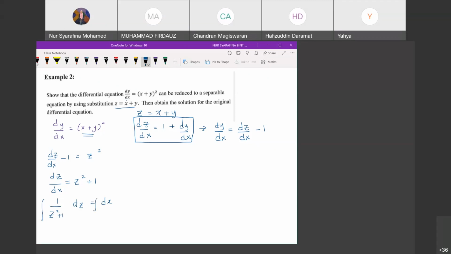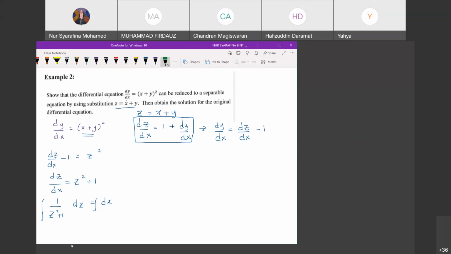What should you get? Integrate 1 over z squared plus 1 with respect to z equals integrate 1 with respect to x.